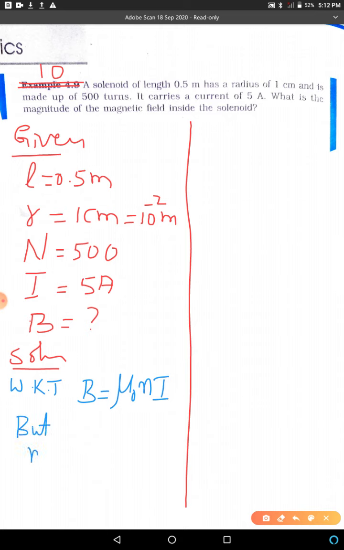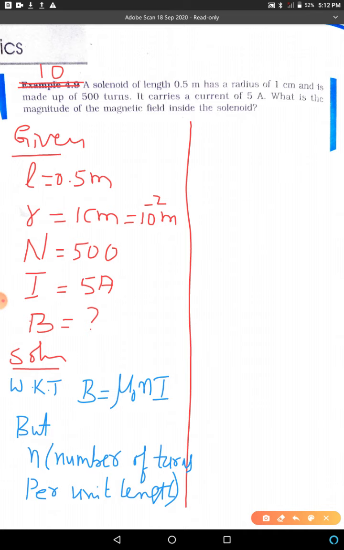Here n is the number of turns per unit length, which we should calculate. The number of turns per unit length, n, is equal to the total number of turns divided by the total length.